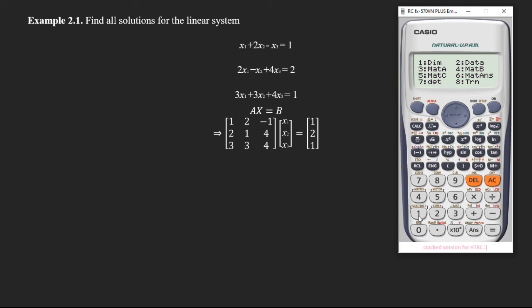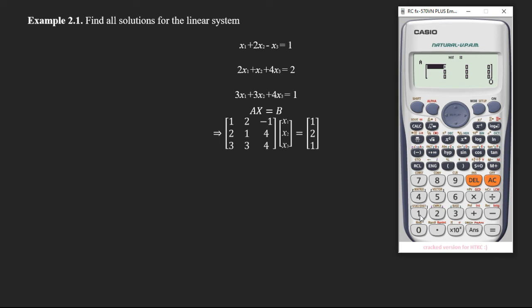Now to put our matrix in the calculator, you need to press 1 for dimension. For our matrix A, which is a 3 cross 3 matrix, I will press 3.